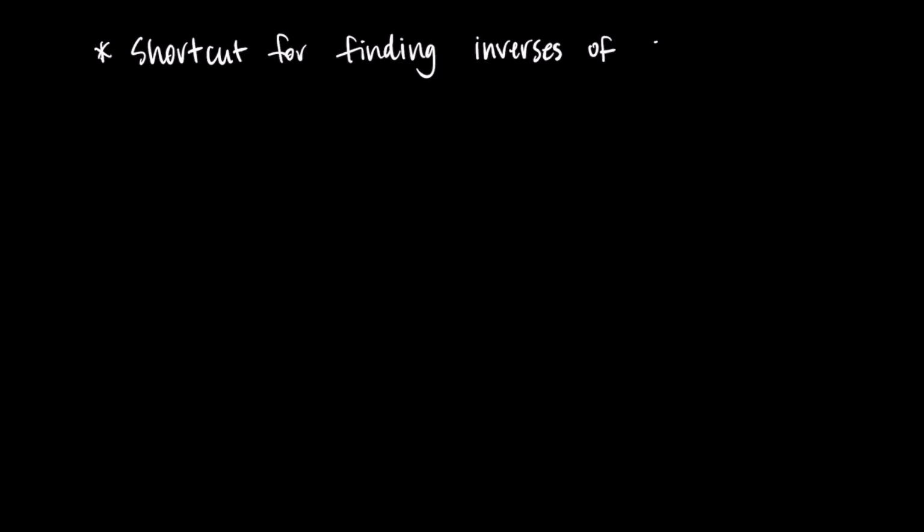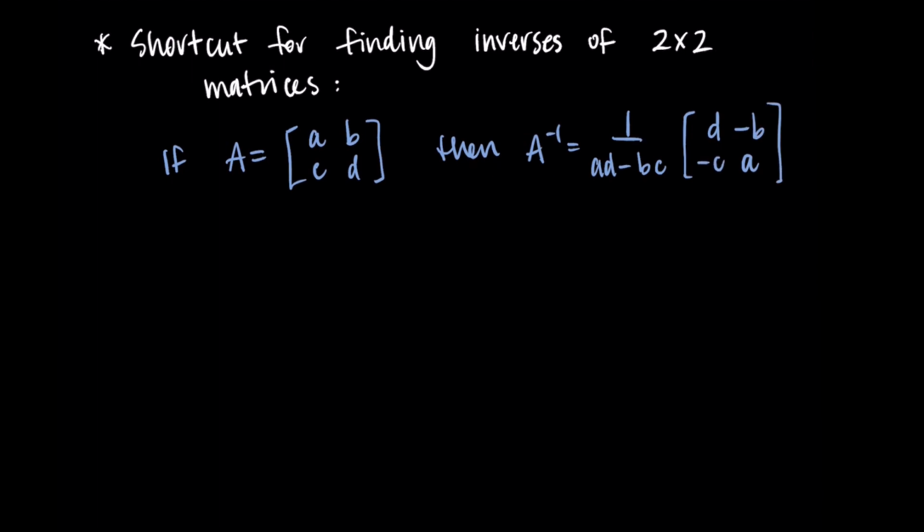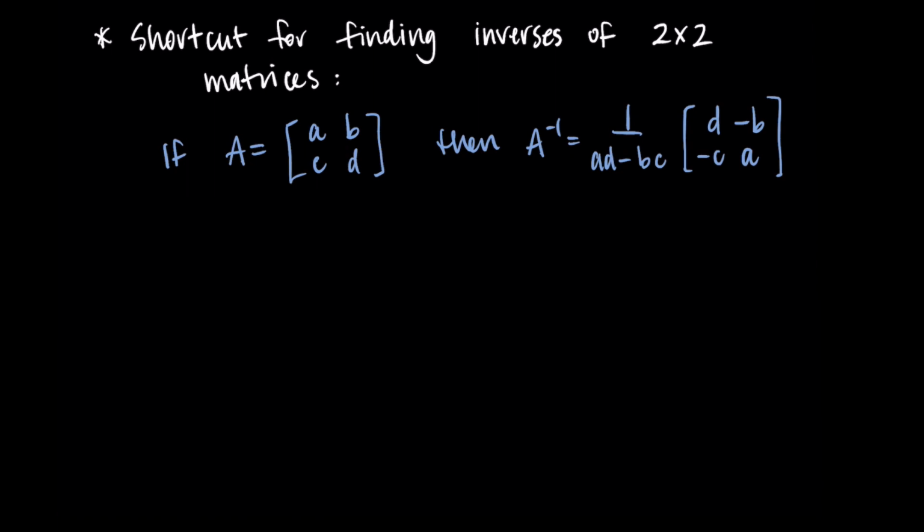So because 2 by 2 matrices are so small, they actually have a shortcut that helps us find the inverse, so I'm going to give that to you now. If we have a matrix A that looks like A, C in the first column and B, D in the second column, then the formula that gives us the inverse is that we take 1 over AD minus BC, and we multiply it by this matrix, where the first column is D, negative C, and the second column is negative B, A. So we swap the A and the D, and then we put negatives on the B and C. This formula will give us the inverse for any 2 by 2 matrix if it exists.